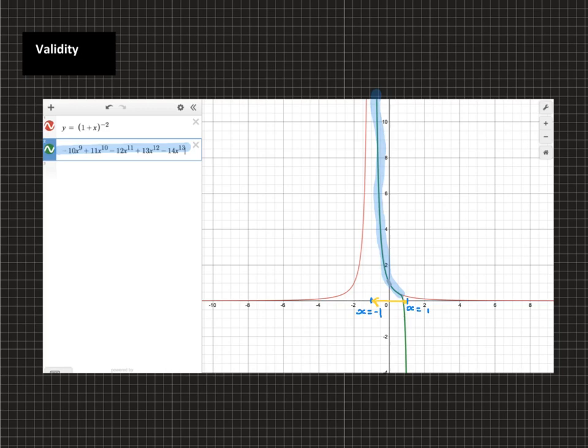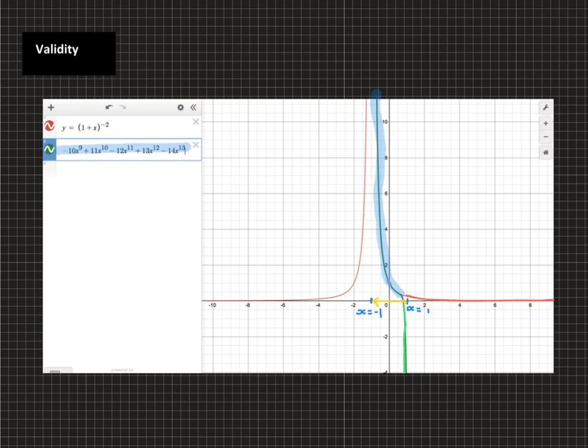If you go beyond x equals 1, well, here's the original function, and here's the expansion. And again, if you go below x equals negative 1, the green curve clearly doesn't match the red curve at all. And that is another explanation which justifies why you have to give a validity condition.